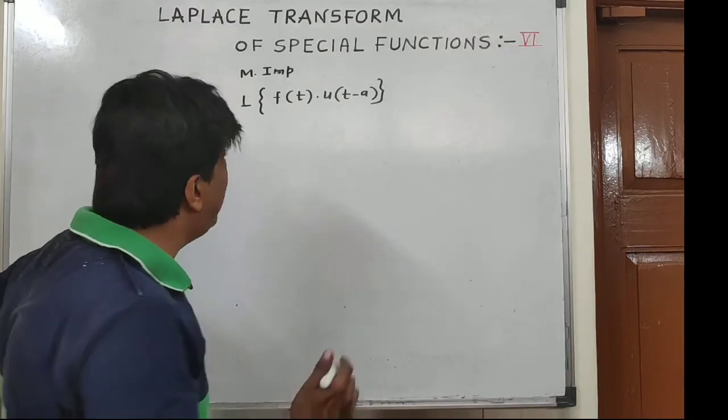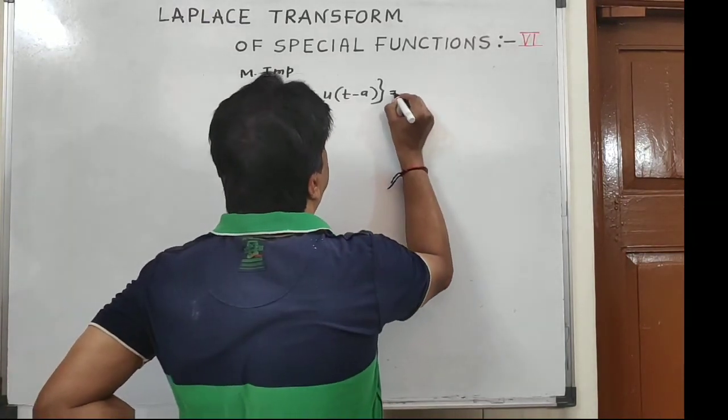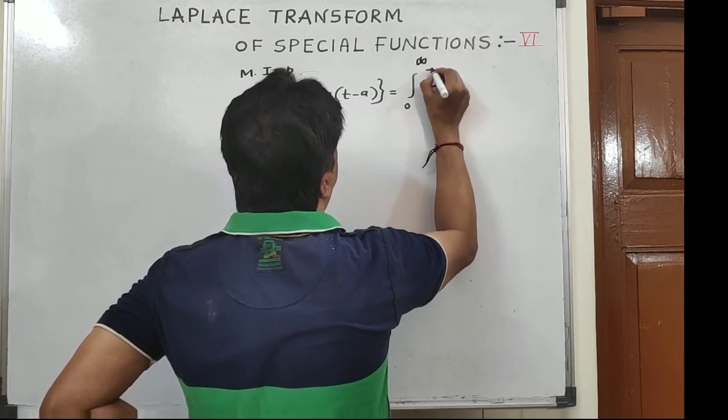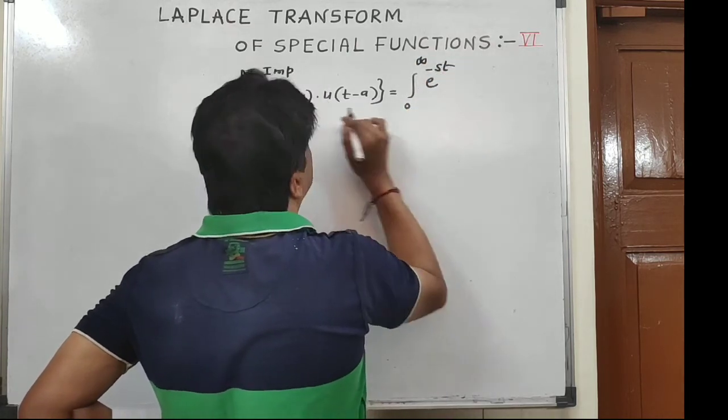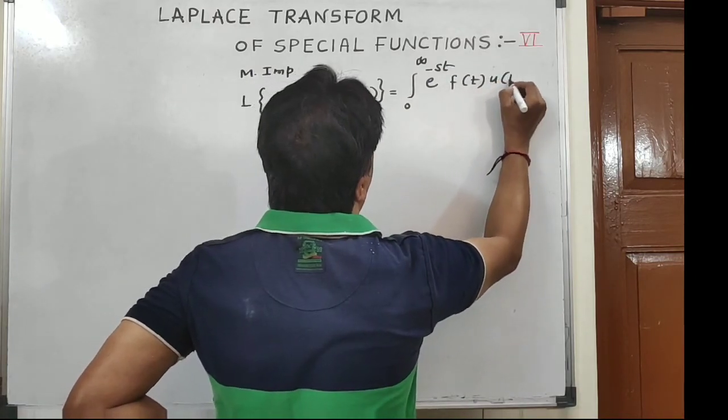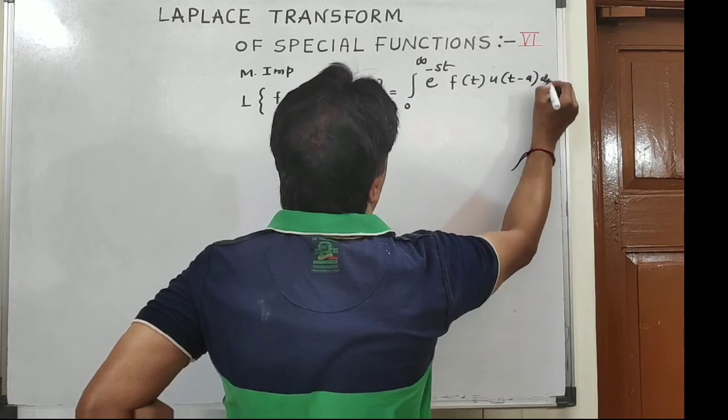So, from definition again, integral 0 to infinity e raised to power minus st into this function f of t into u of t minus a.